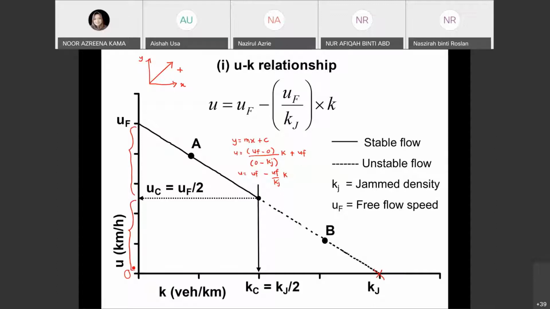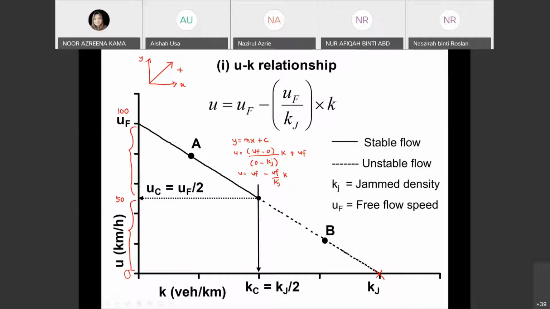Let's say UC is 50, then UF equals 100, because the distance from the half under unstable flow to the half under stable flow is the same. What is UC? UC is the speed at capacity, where C stands for capacity. So in the middle is the capacity.